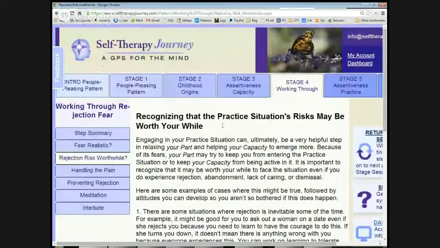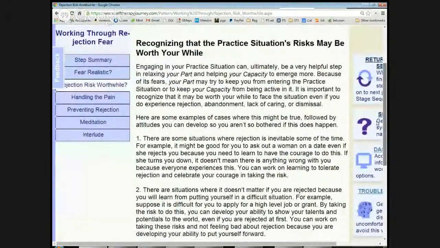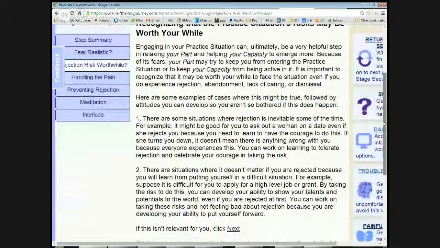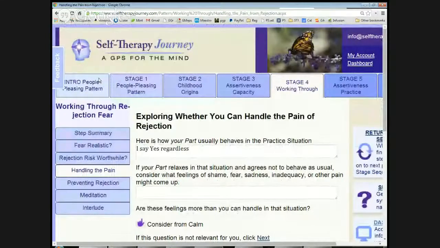One is, is it worth your while to assert yourself even if you might be rejected? Maybe you want to practice saying no and risking rejection. The next one is, could you handle the pain? If you said no to a friend and the friend got rejecting, could you handle it?